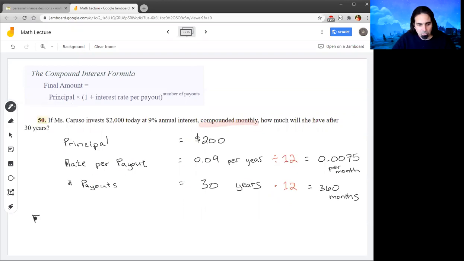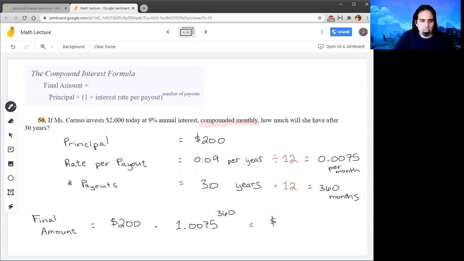Anyway, this problem, we've set things up. So final amount is the principal times 1 plus the rate per payout, exponent, how many payouts there were.